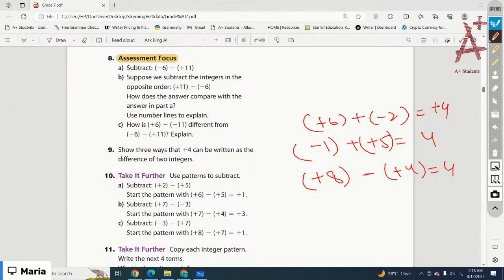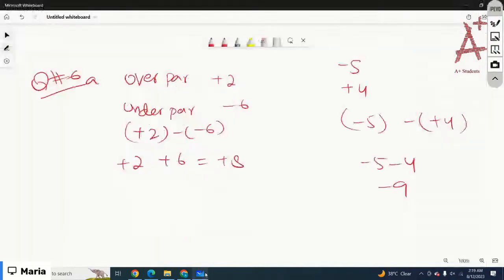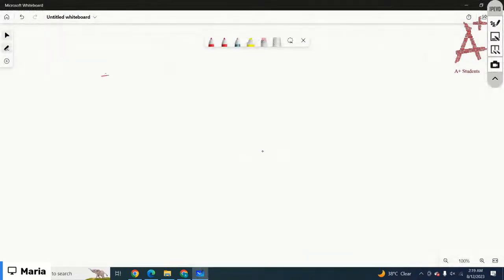Start the pattern with positive 6 minus positive 5, and that equals 1.